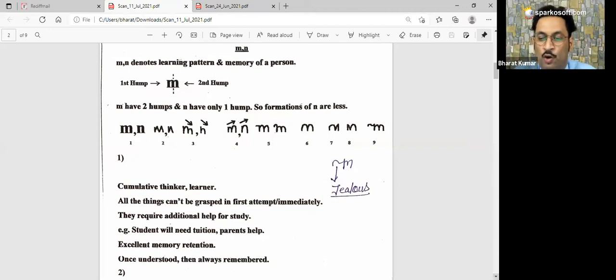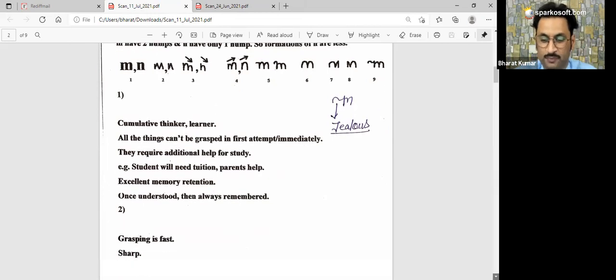Now, type 2 of M. It is a kind of little cursive M. Thank you, Sangeeta. It is a little type of cursive. Their grasping is very fast. And you know, the motor neuron coordination of type 2 M is very good.